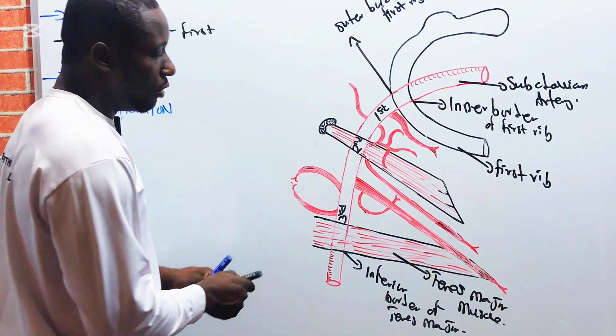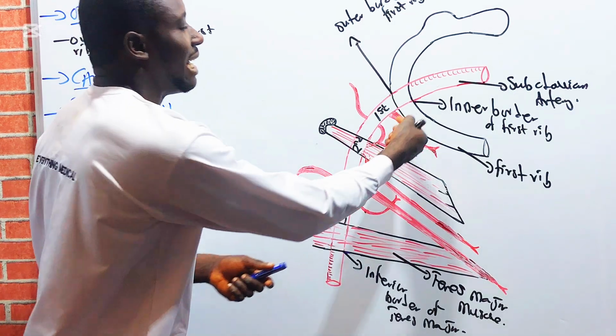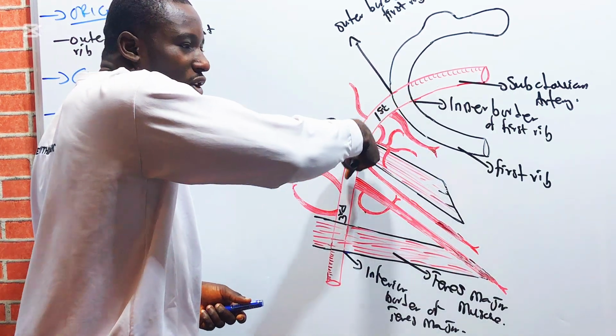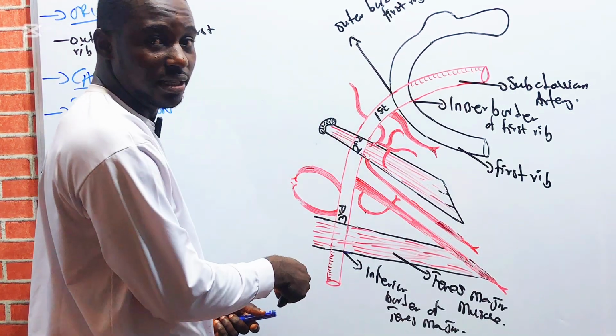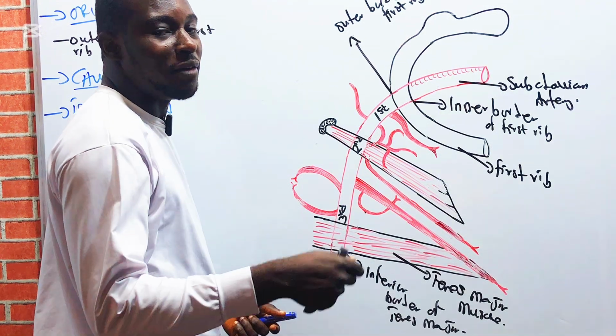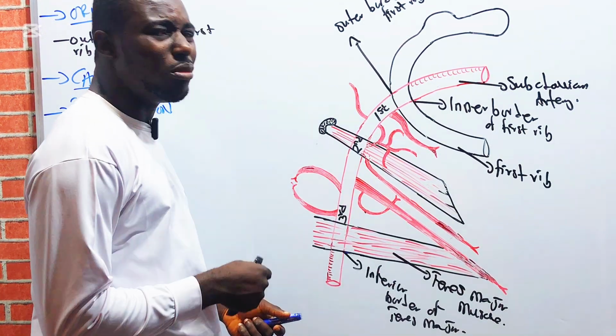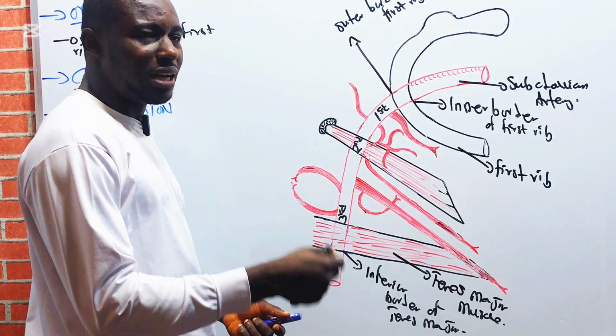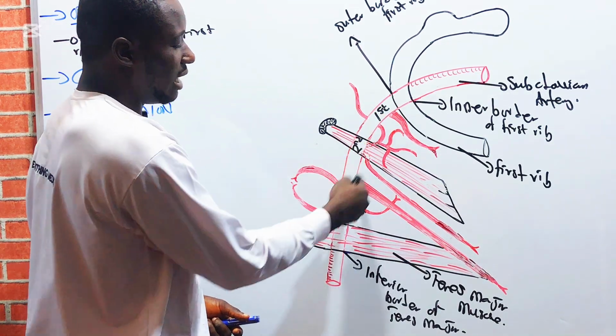Now, recall that as the axillary artery courses along the axilla from the apex to the base, it is being crossed by the superficial part of the pectoralis minor muscle, which divides it into three parts. The first part, second part, and the third part.